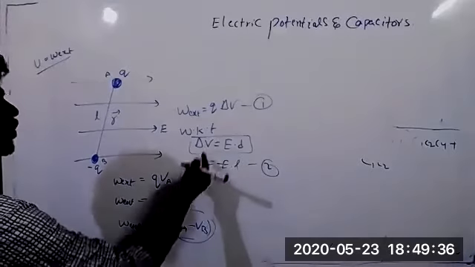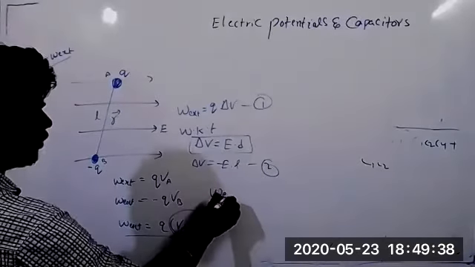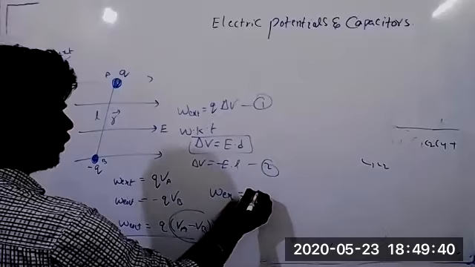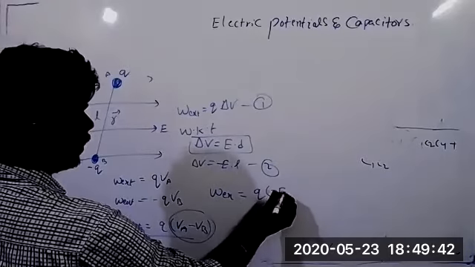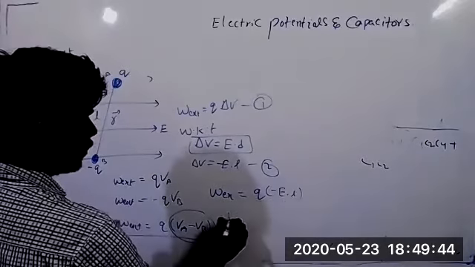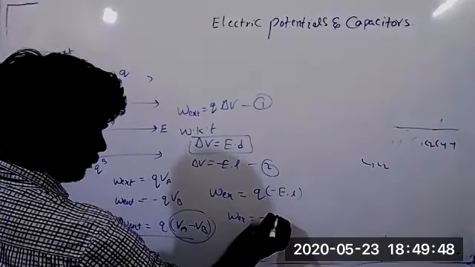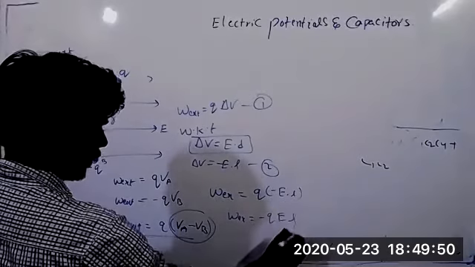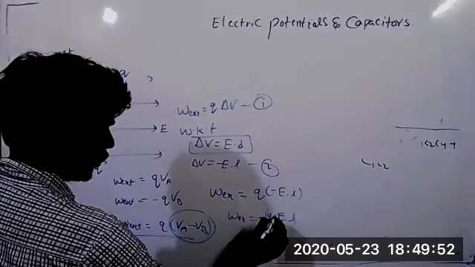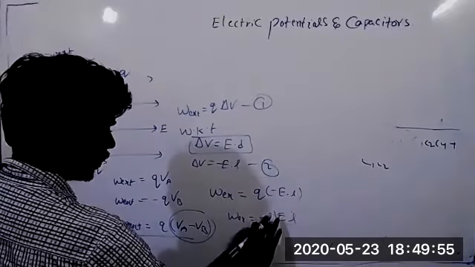Substitute equation 2 in equation 1. Work done by the external equals Q times minus E dot L. So work done by the external equals minus QEL.